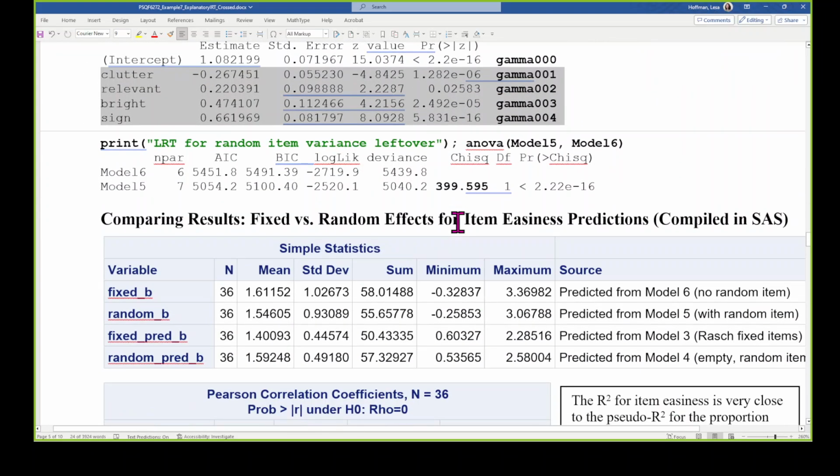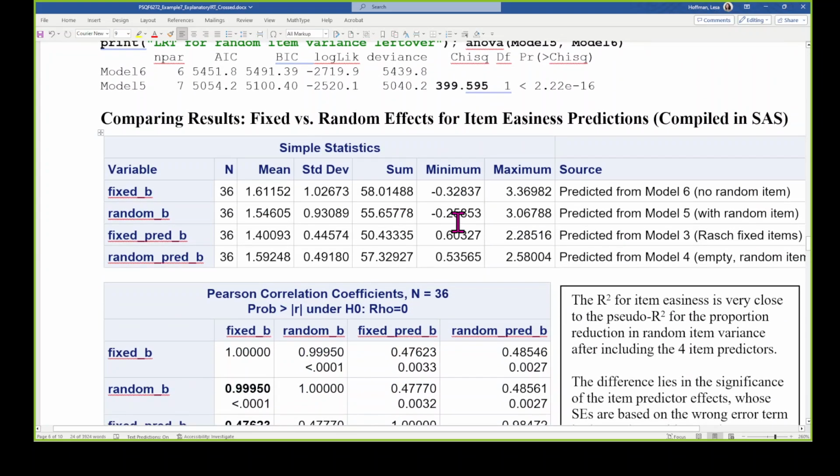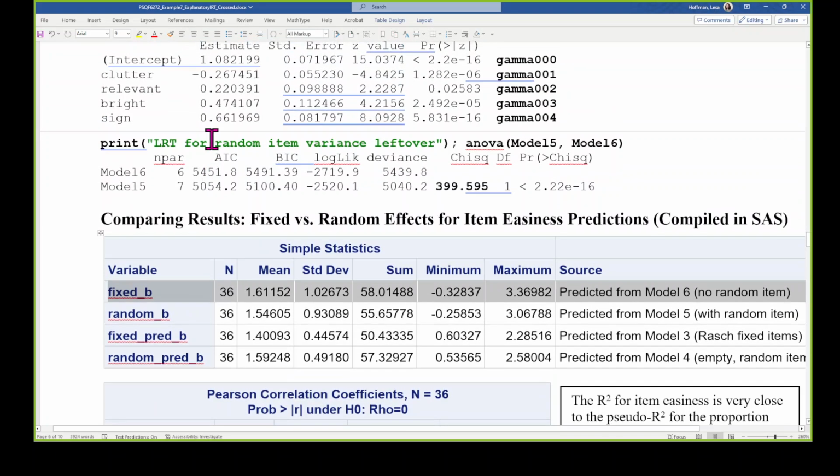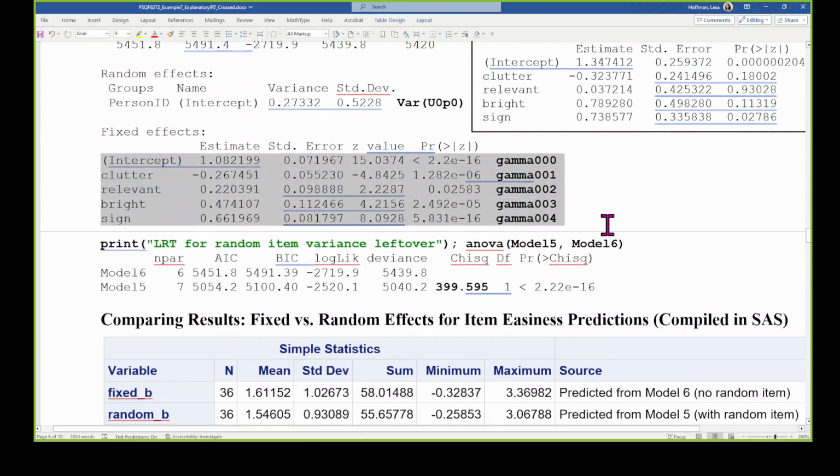For demonstrating purposes, I did some computations in SAS. I have 4 different variables that I created at an item level data set. I have a model where predicted from model 6, I created predicted item easiness based on these features as a linear combination.